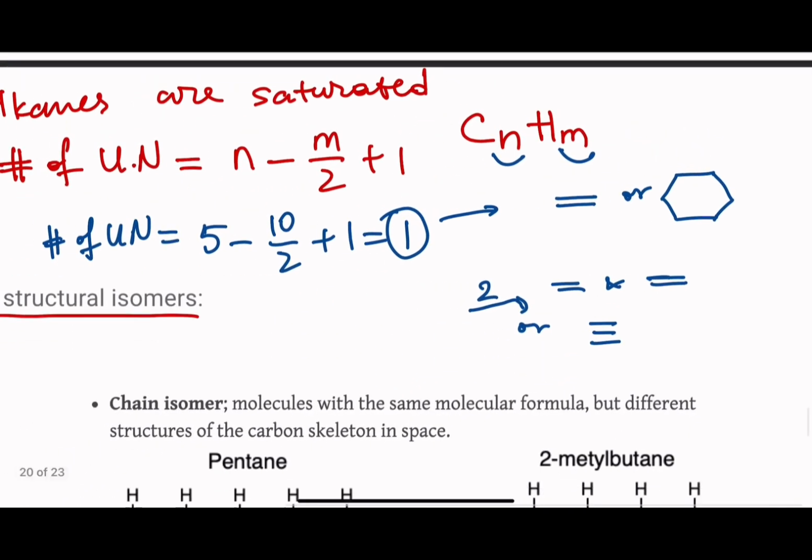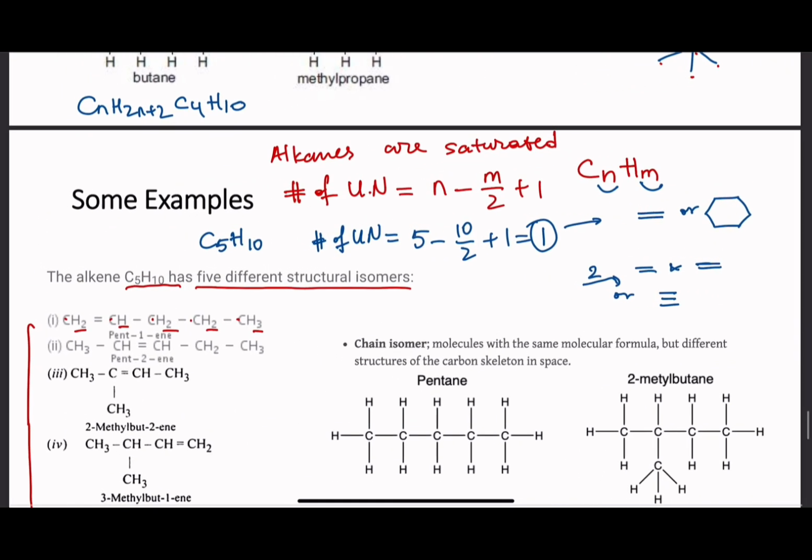How it is, I'm going to show you. So, let's discuss this over here. You know the formula of cycloalkanes, right? We know that alkanes are saturated. Their formula is CnH2n plus 2.